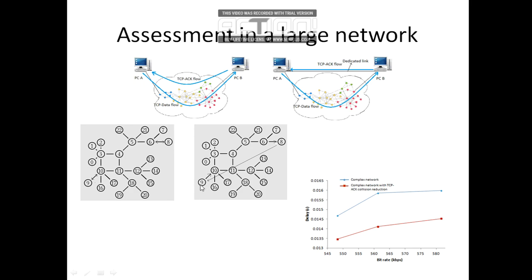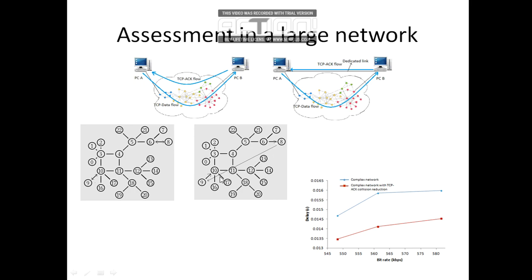So if 9 is a live camera and 8 is the station receiving the video, a direct, small bandwidth link will help speed up transmission by routing the TCP-ACK through this dedicated line. Here we see the routing technique, where data flows through the complicated network, and the TCP-ACK flows through this dedicated link.